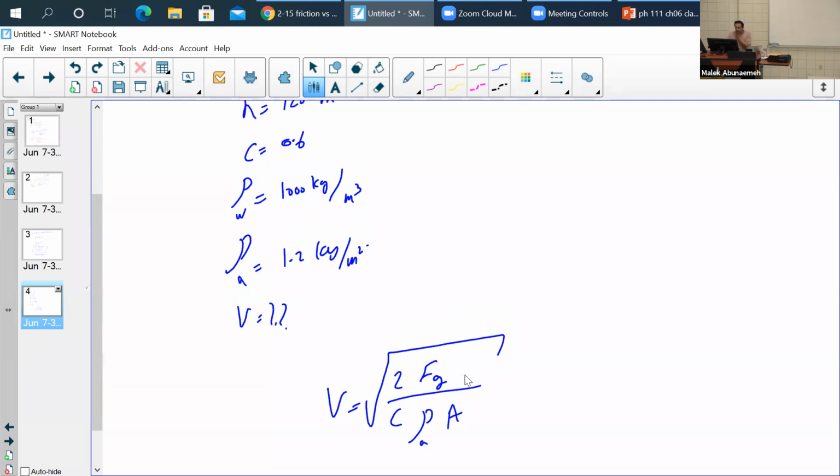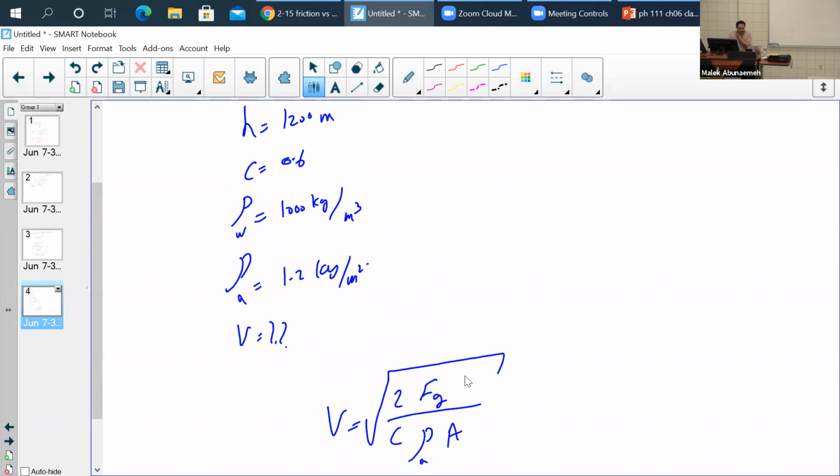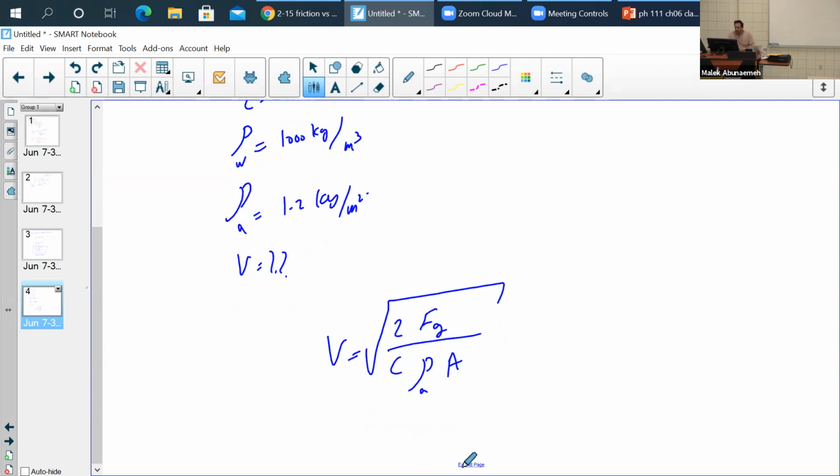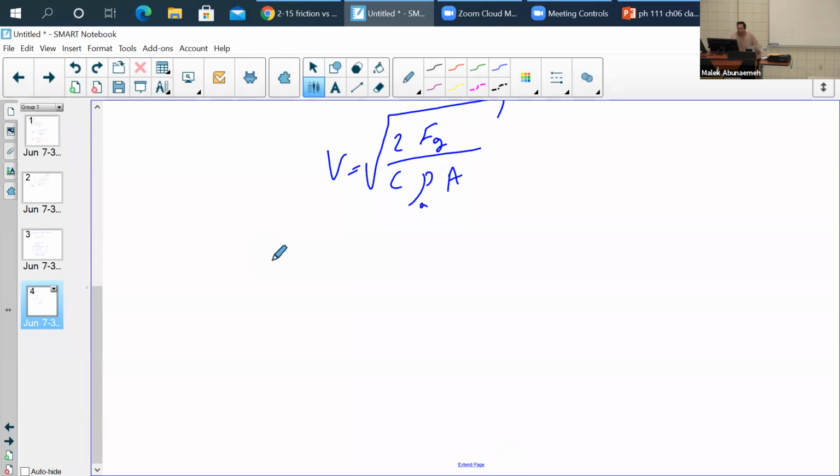Okay, so we got everything except we don't have the area, and we don't have the gravitational force. So let's go ahead and figure out what is the gravitational force, Fg.